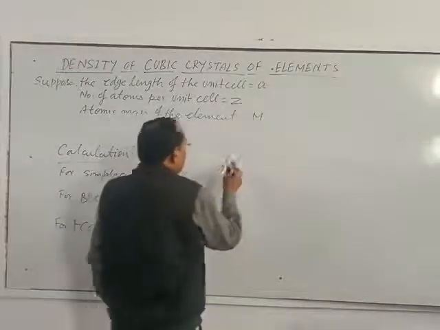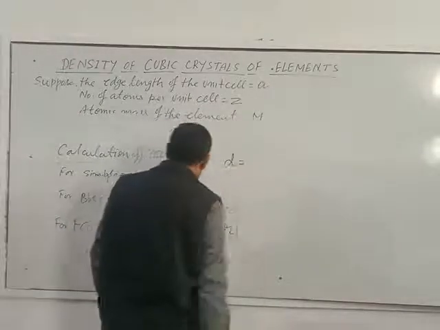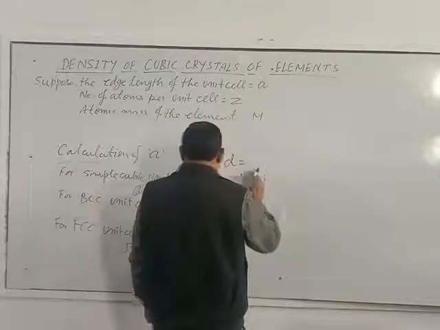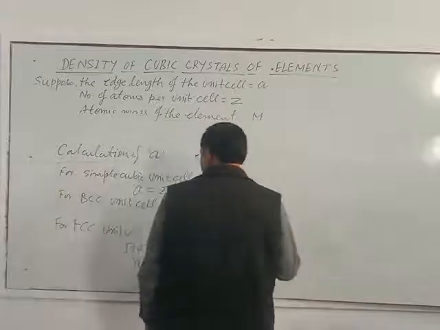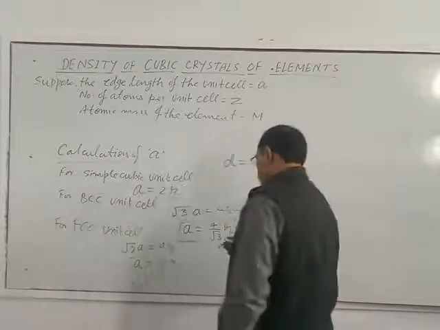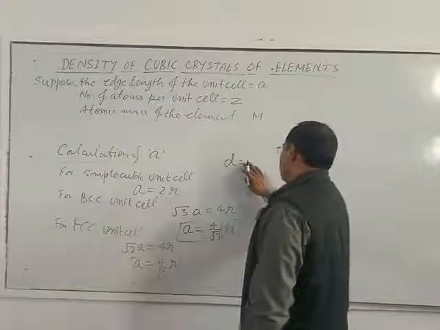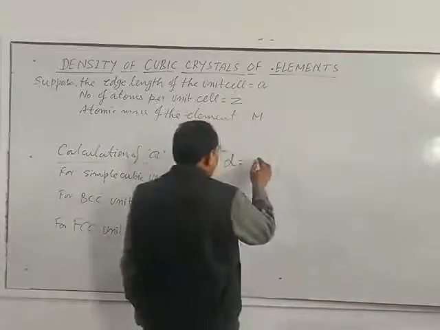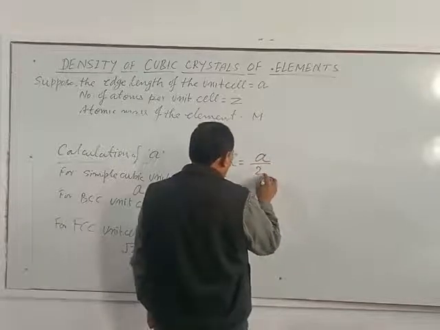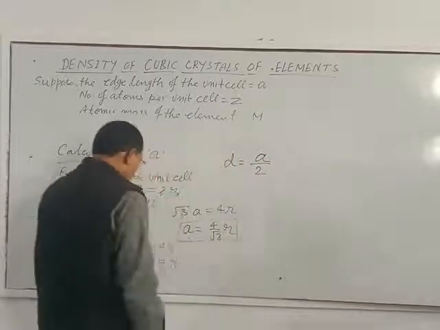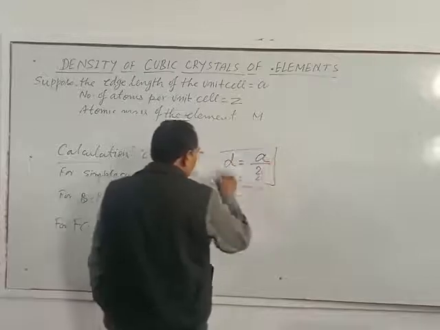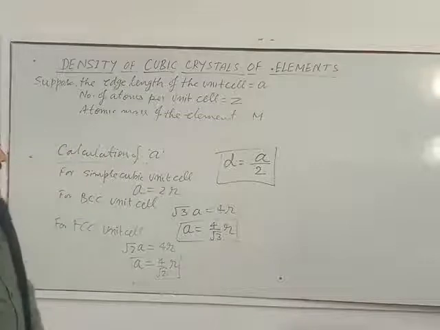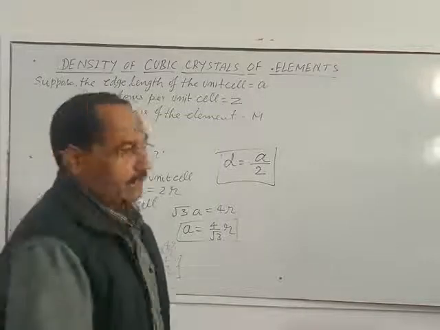Distance between nearest neighbors, d equal to a by 2. This is the relationship between distance, means between nearest neighbor, and edge length.